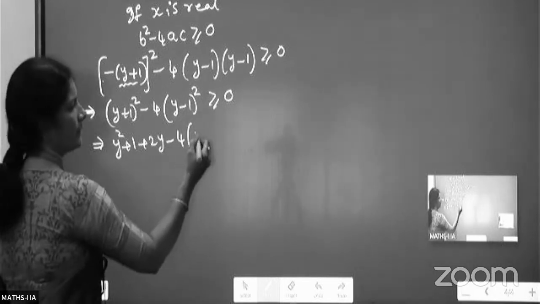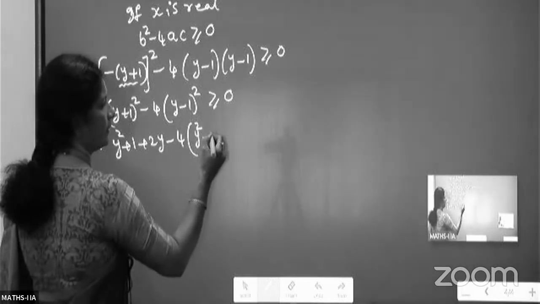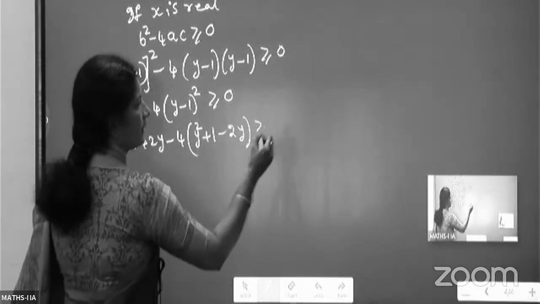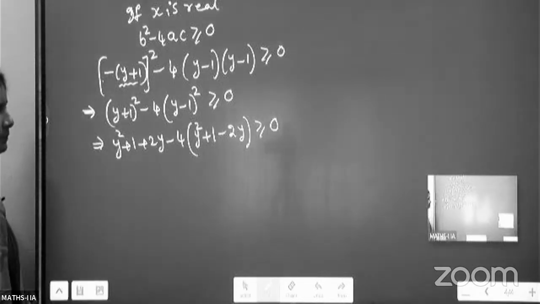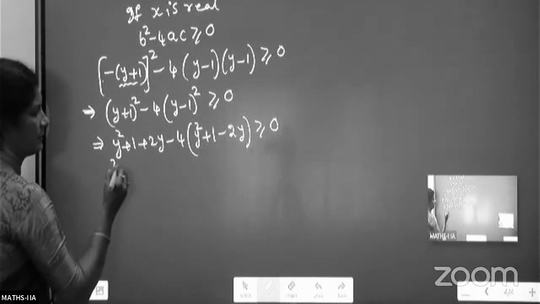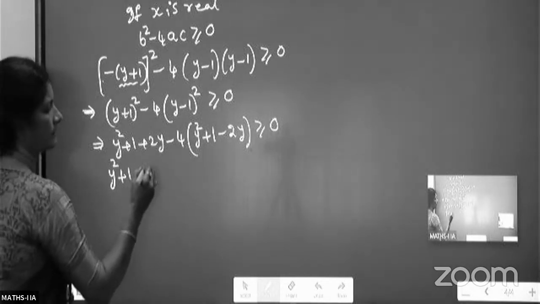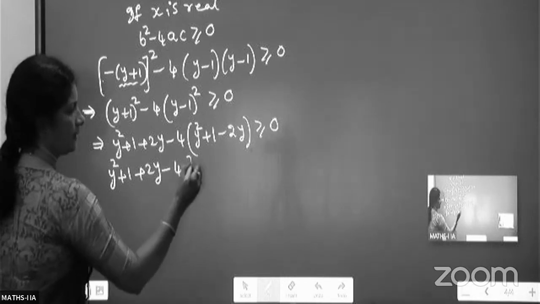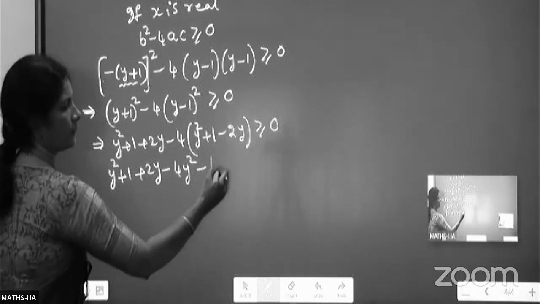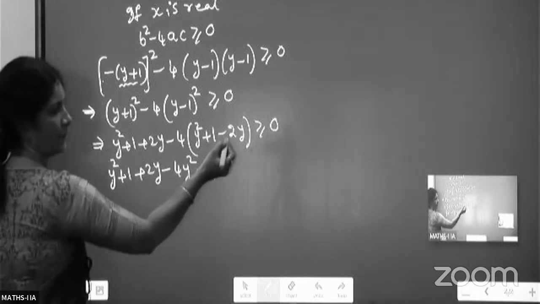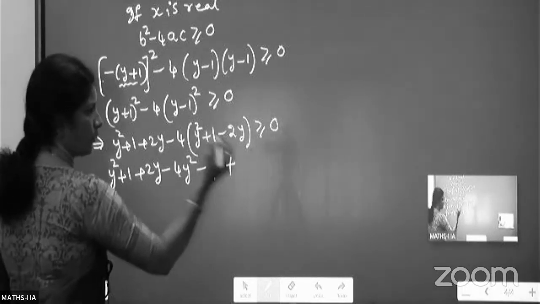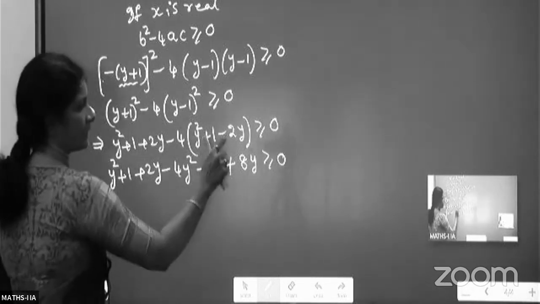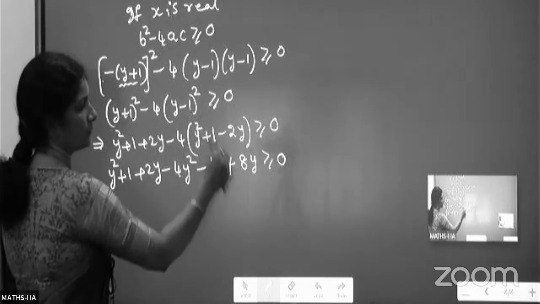Expand with a minus b whole square. So y square plus 1 minus 2y greater than or equal to 0. Then again y square plus 1 plus 2y. Open up. Minus 4y square minus 4 into plus 1 minus 4, minus 4 into minus into minus plus 4 to the 8y greater than or equal to 0. When you are multiplying this carefully, you have to observe the signs.